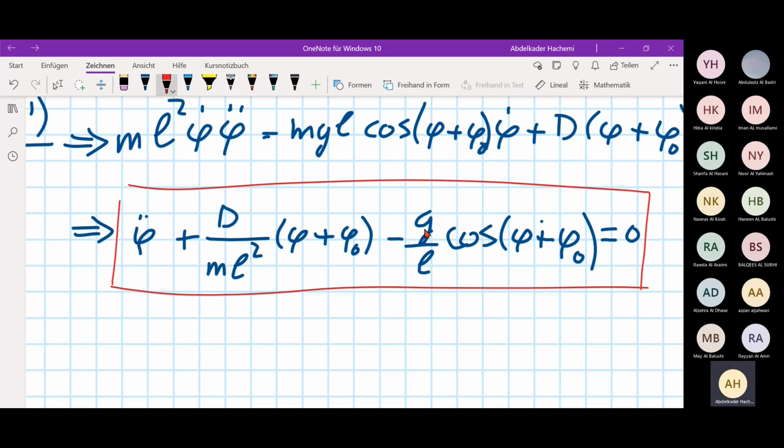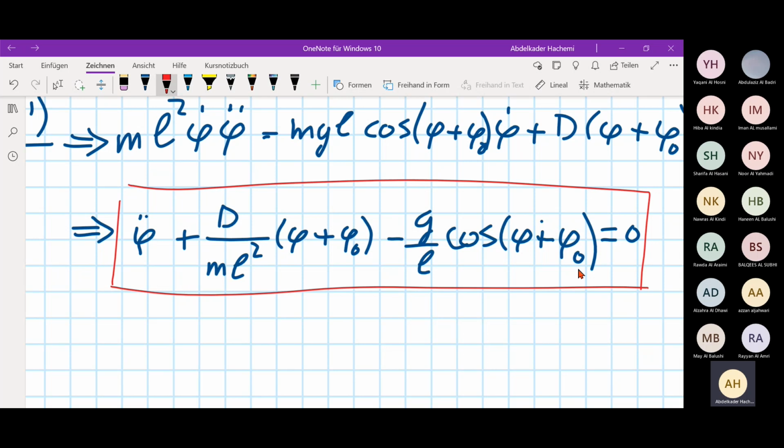As you can see, d divided by m l squared multiplied by phi zero, you put on the other side, and then you get the second member. The second member has its own solution, as we have seen this morning in the example. But in this lecture, we only determine the differential equation, and it is given like this.